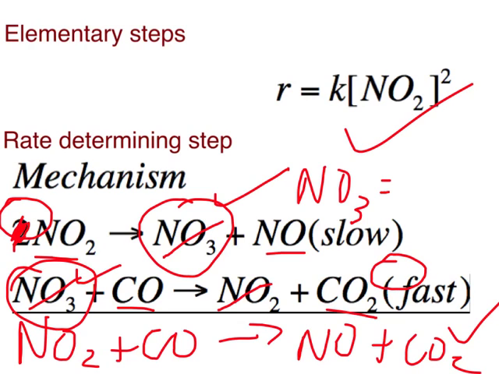So if something starts here and finishes here and still cancels out, doesn't show up as part of your original equation, that's a catalyst. Okay, so an intermediate is something that gets formed in one step and then used up in a later step. A catalyst is something that gets used up in one step and reformed in a later step. Both of those things will not show up in your overall reaction.